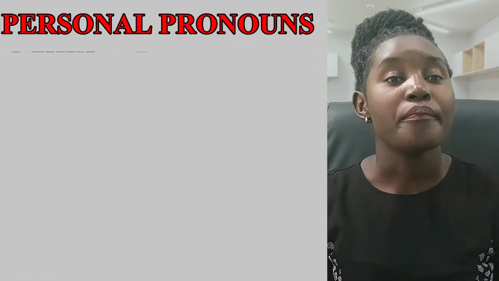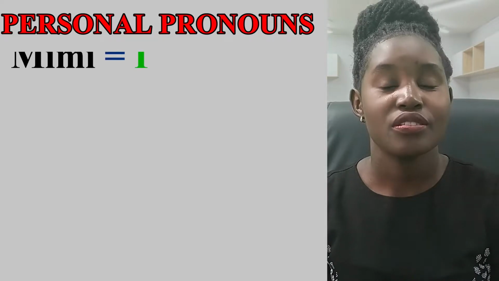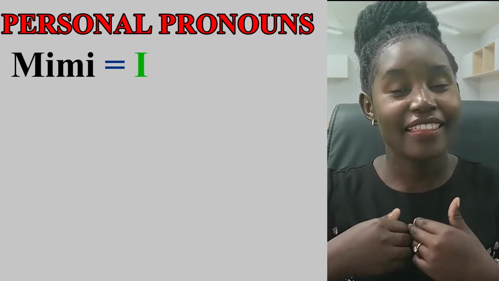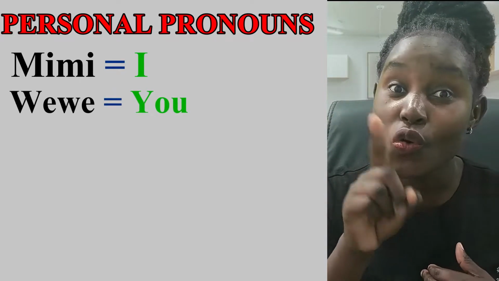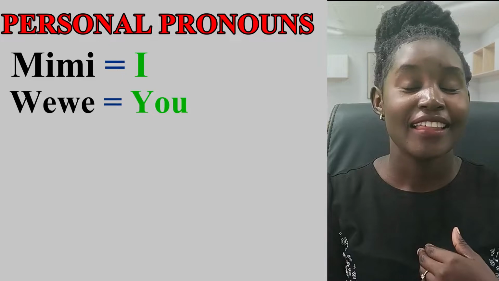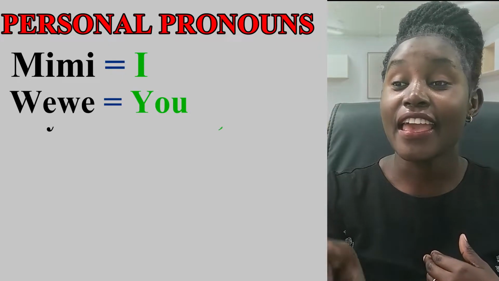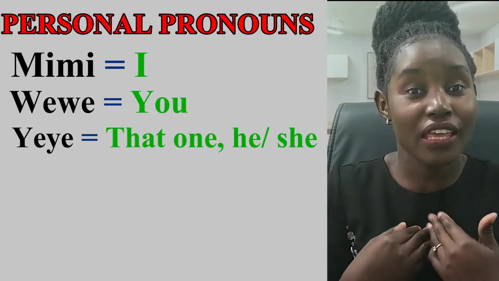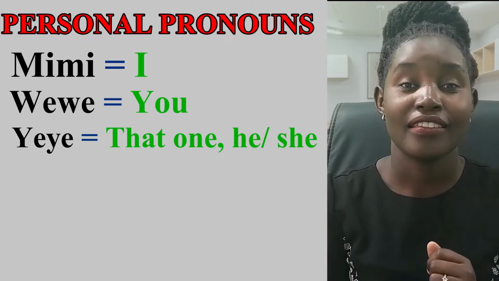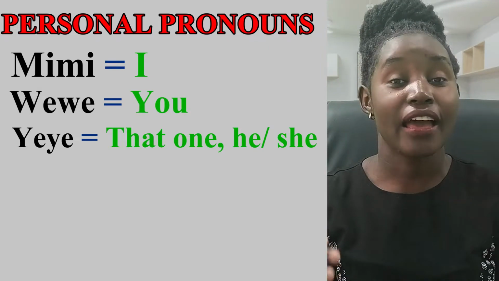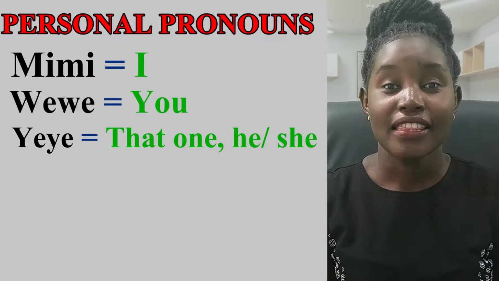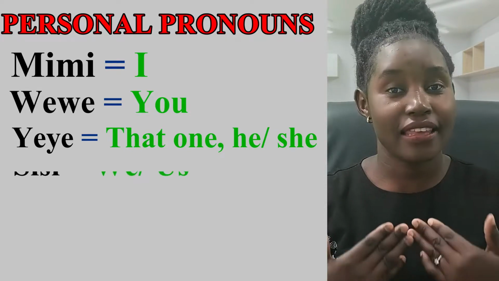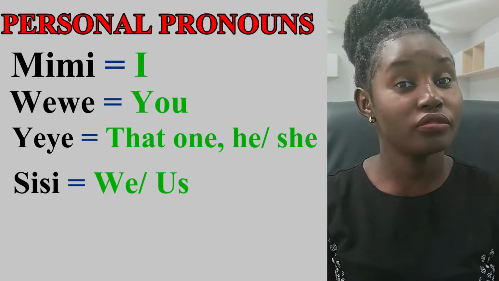Under personal pronouns, we have mimi, to mean I. And then wewe, you. The third one is yeye. That one, excluding me and you. Yeye represents either he or she. Then the next one we have sisi, the plural form of mimi.